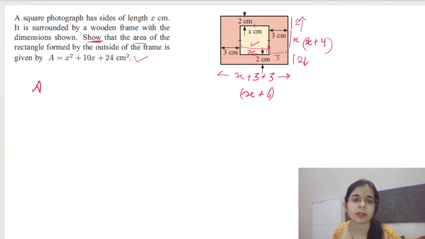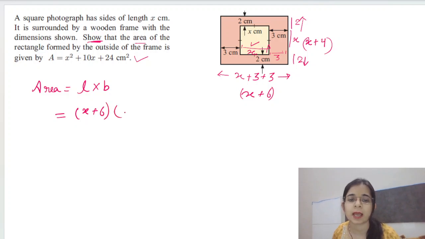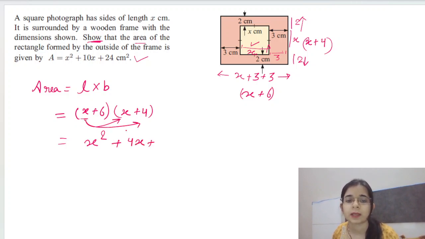So to find the area is now the simplest task, which is area is equal to length into breadth. Substitute the values here, x plus 6 and x plus 4. Apply the product rule, take the first term, apply the distributive rule, x square plus 4x, then 6 into x, 6x, then 24.